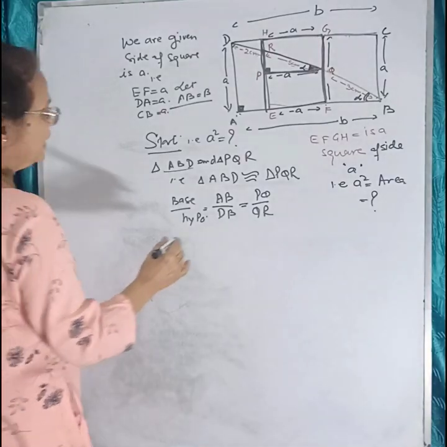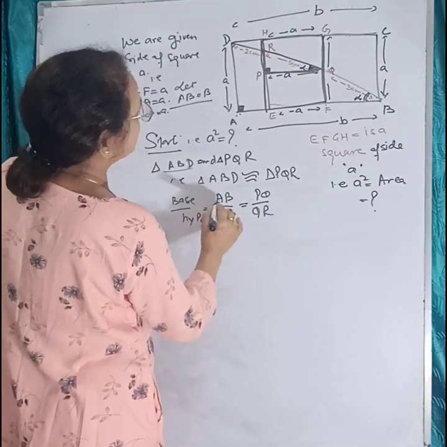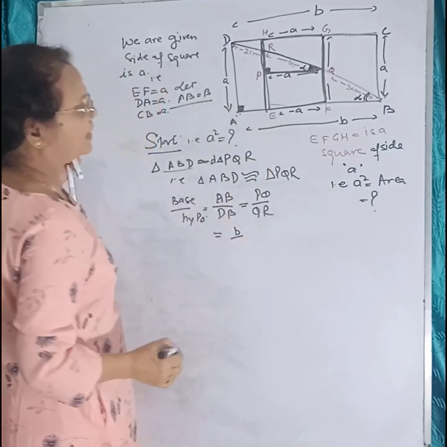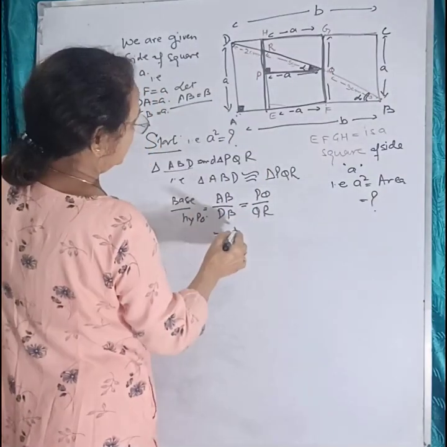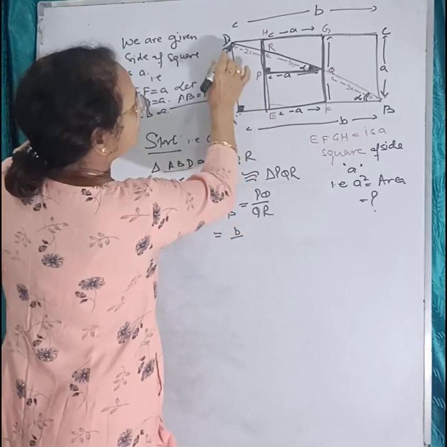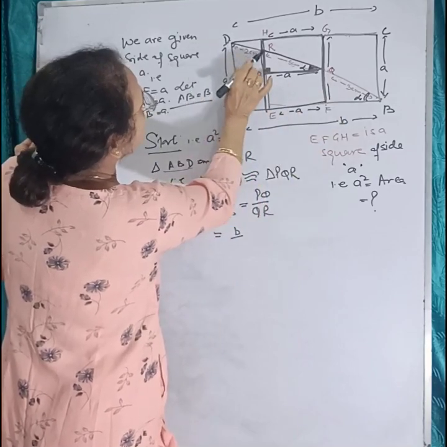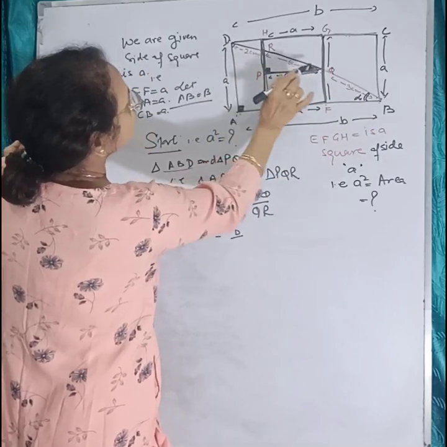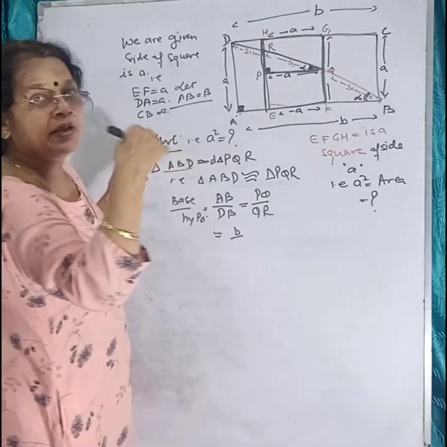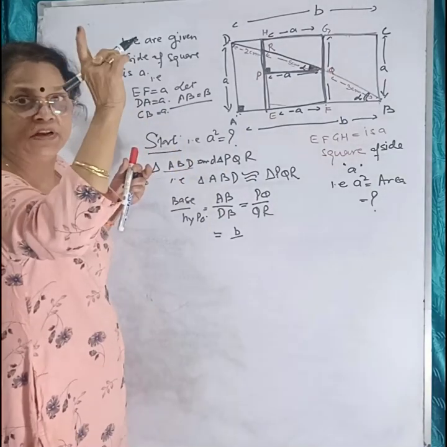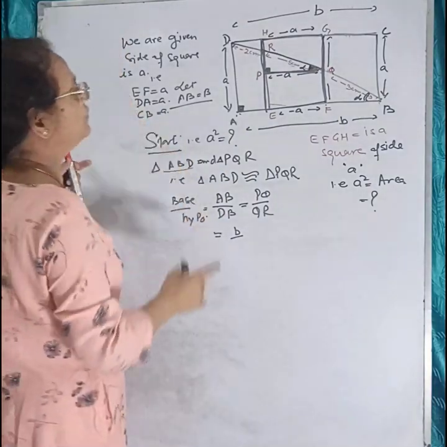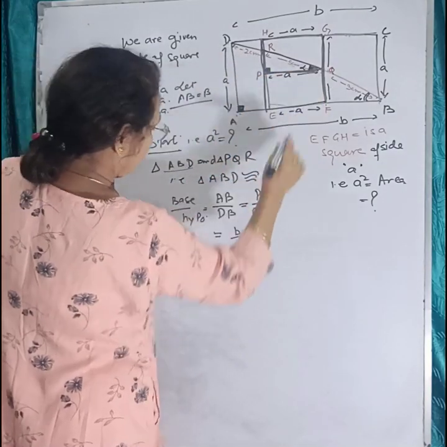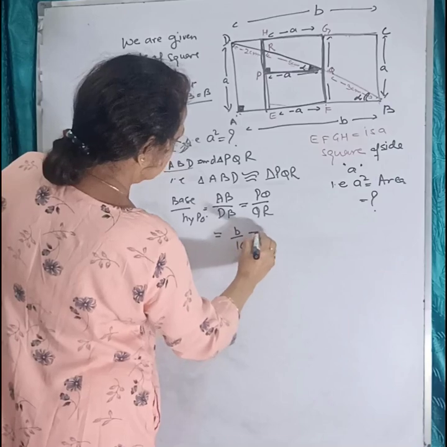अब इसकी वैल्यूज रखिए आप. बेस AB is we are having equal to B. Let's suppose हमें माना हुआ है. And upon hypo is equal to DB. DB is equal to DR plus RQ plus RB, which is 2 plus 5 plus 3, already given to us initially. Just in starting we are given. So it means it will be 2 plus 5, 7 plus 3 is equal to 10.